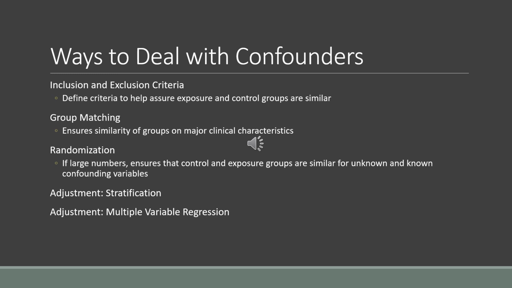If you randomize patients and you have a very large number of patients, you essentially ensure that the control and exposure groups are similar for both known variables that you're actually randomizing based on and unknown variables, because you have so many patients that are so diverse that the variables eventually balance out. Then the two methods that we talked about, if you identify potentially confounding variables in your own study, you must adjust for them because your conclusions will be different if you don't.